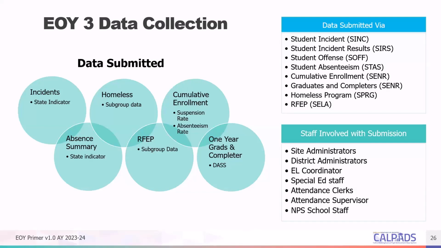In general, the data in end of year 3 is collected to satisfy the requirements of the Every Student Succeeds Act, or ESSA, and the Individuals with Disabilities in Education Act, or IDEA, reporting. The files used to submit this data are the student incident, or SINC, file, the student incident results, or SIRS, file, and the student offense, or SOFF, files.